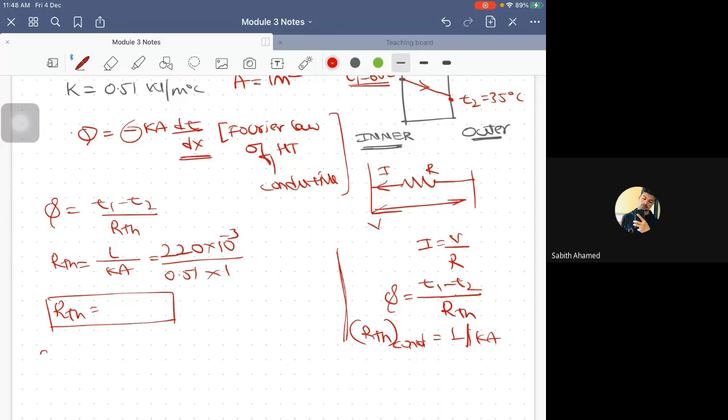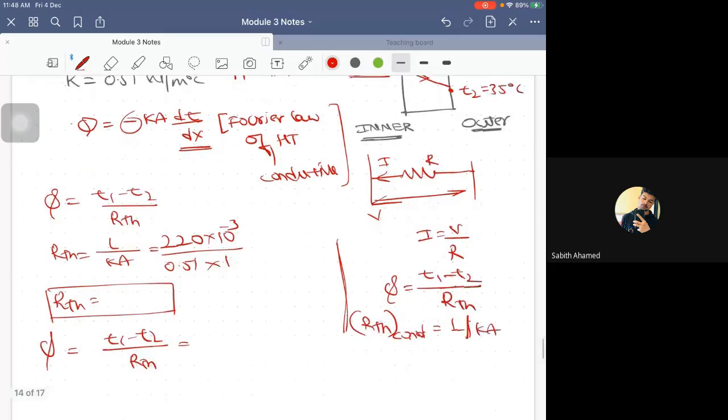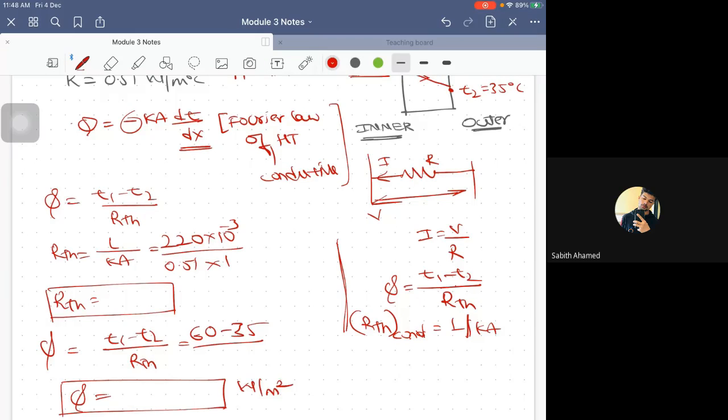Next, you can calculate Q, which is T1 minus T2 divided by R thermal. T1 is 60 minus 35, divided by whatever R thermal value you get. So the Q value as well as the R value I require from you guys. 0.4313.